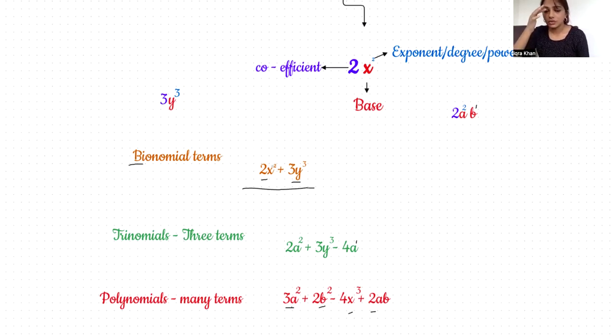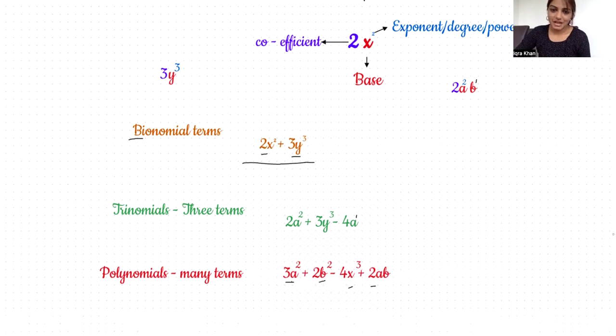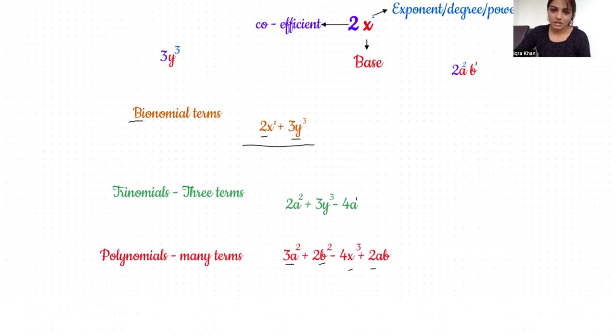So it's important for you to understand that before we move on to addition, subtraction, multiplication, and division of algebraic expressions, which I will be doing later on. I hope you learned a lot about algebraic expressions today, and this was a good introductory video for you. Thank you.